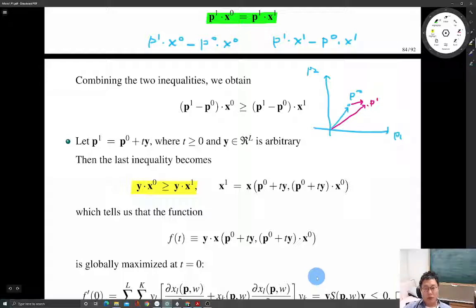And x0, remember, is the chosen bundle by the consumer under price vector P0 and W0. But W0 is P0 dot x0 by Walras' law. P0 dot x0.